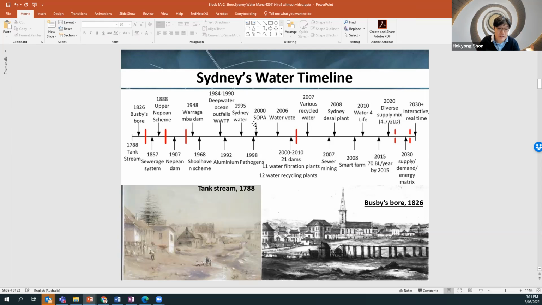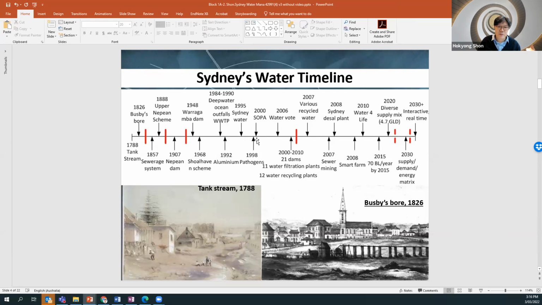If you go to Sydney Olympic Park, I'm sure you could see a lot of recycling plants. If you go to the water fountain or toilet flushing in your gym or stadium, they are all connected with the recycled water. So that's one of the largest first water recycling projects.